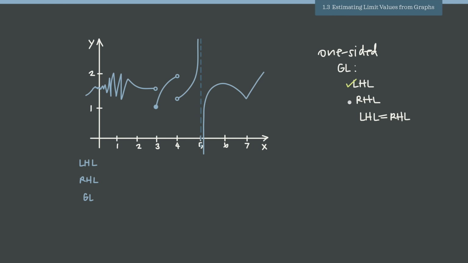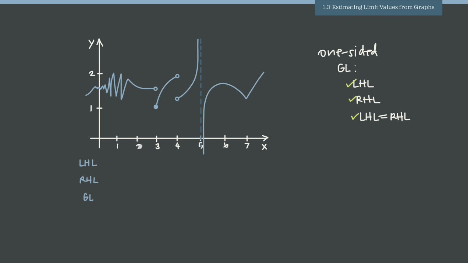If these three conditions are met, then the general limit exists and it's equal to the same value that the left and right-hand limits take on. If the left and right-hand limits are not equal to each other, or if one or both of them does not exist, then the general limit will not exist. Only when all three of these conditions are met do we have that general limit.